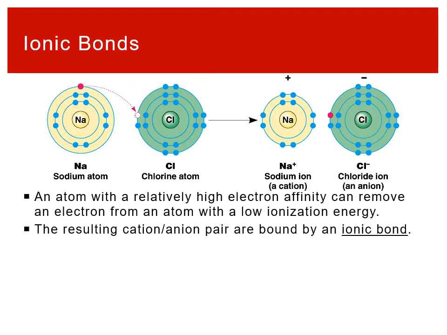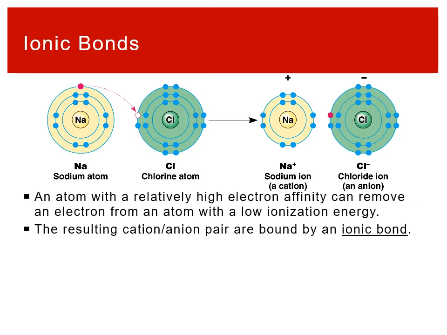Now we have a little more understanding that we know there's this transfer of electrons, that the metal atom is going to lose an electron to become a cation, and that the nonmetal is going to gain that electron to become the anion, right? So we have the cation and anion, now positive and negative charges that are attracted to each other.